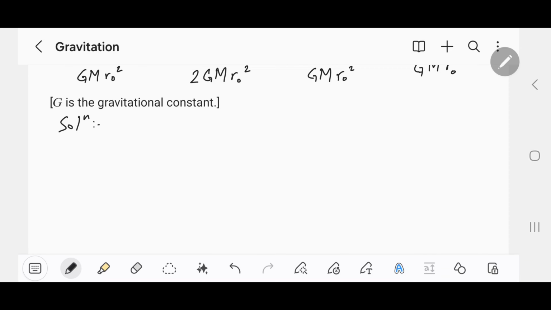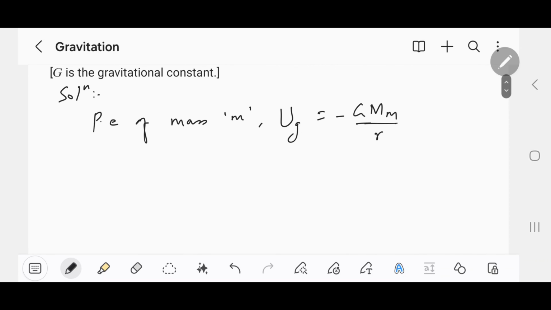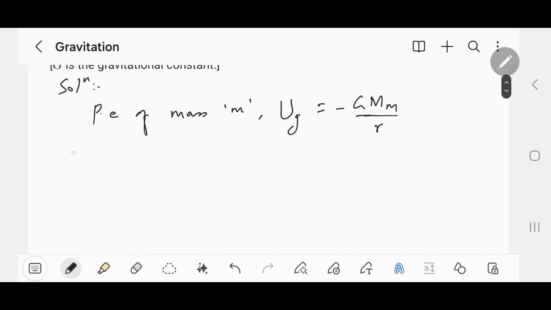So initially the small object m is only under the influence of the gravitational field of capital M. Therefore, the potential energy of mass m is completely gravitational potential energy. Let's denote it by Ug. Potential energy Ug equals minus GMm by r at any distance r.